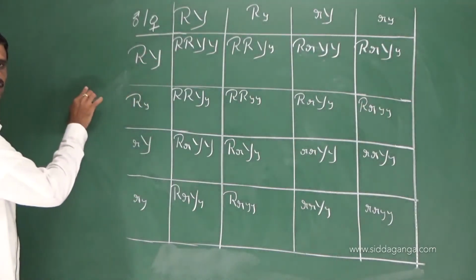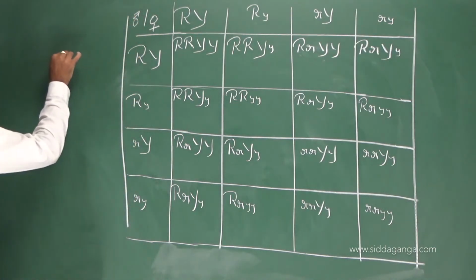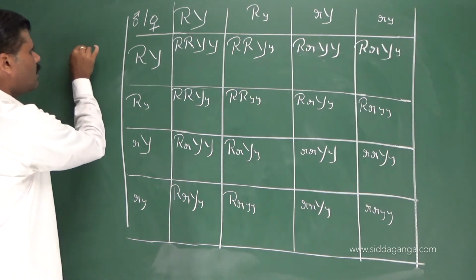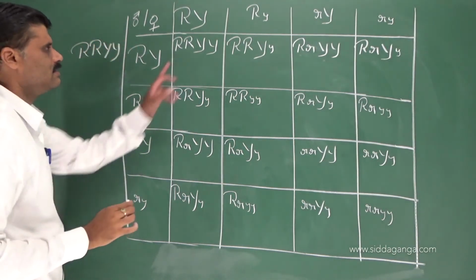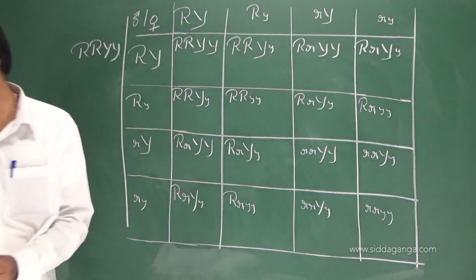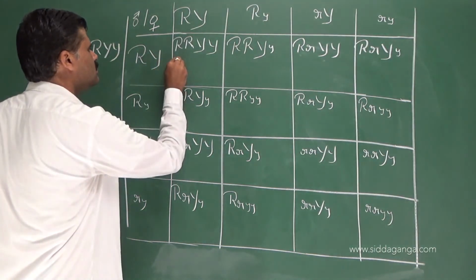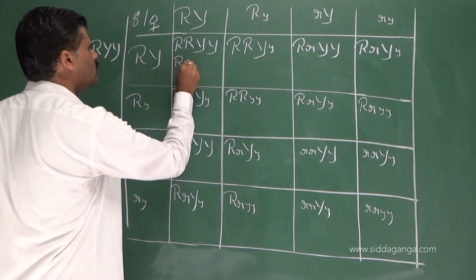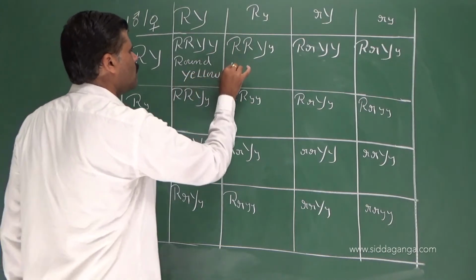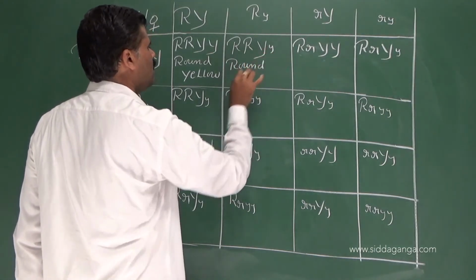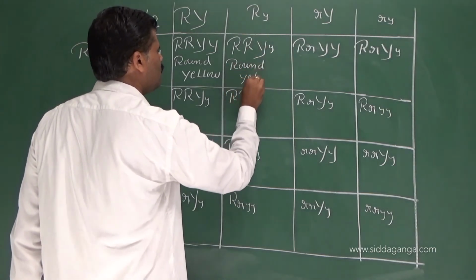So here I write it: capital R, capital Y. This is the round, yellow box. Why is it yellow? Yellow is dominant over green.